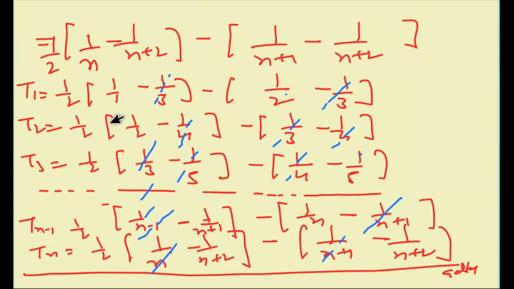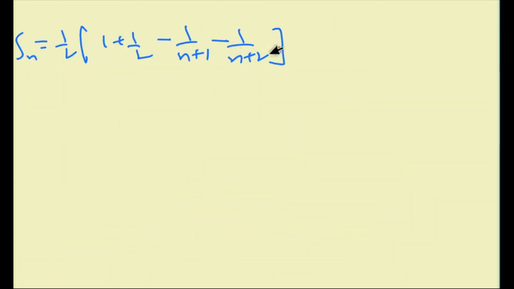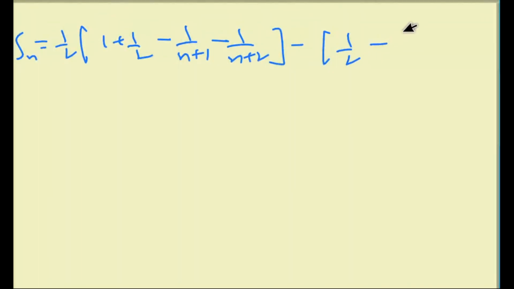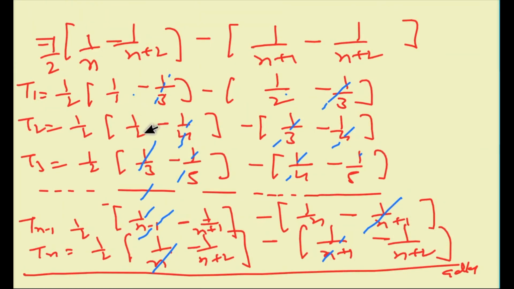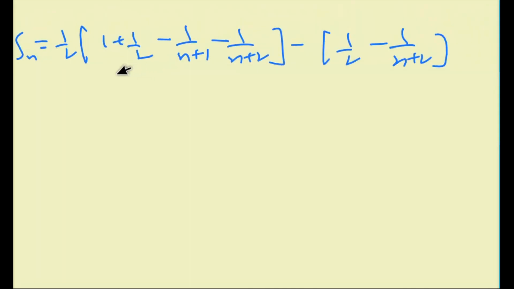Okay, 1 plus half. Now here 1 by 2 and minus 1 upon n plus 2. Okay, 1 term is left. Now see again, these 2 terms are left, 1 plus half, and these 2 terms are minus. Here 1 term is there only. So this way we can 1, 2, 3, 4 term here and 2 term here. So now after solving this, we can find the Sn.